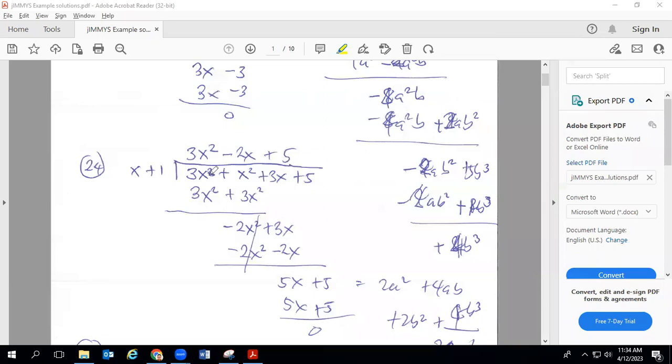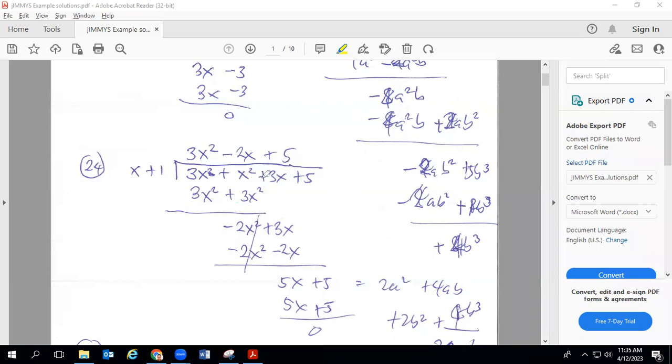Now this is 3x cubed, divided by x is 3x squared. Then go back: 3x squared times x is 3x cubed, and 3x squared times 1 is 3x squared. When you subtract, this one will become negative. Thus, you have here plus x squared, and then negative 3x squared will become negative 2x squared.